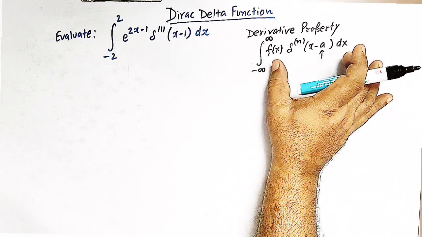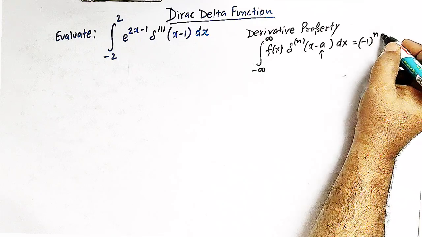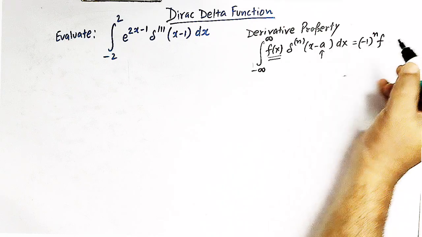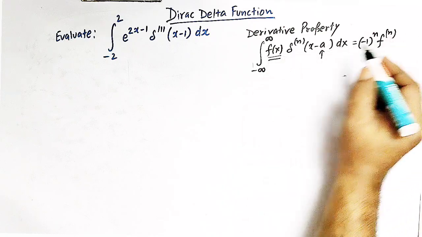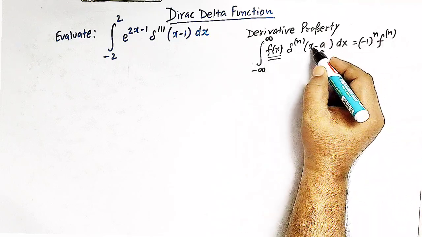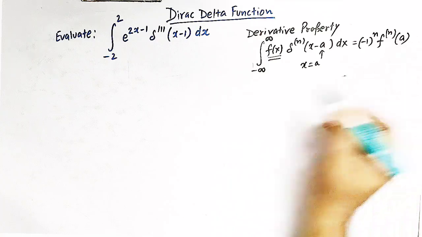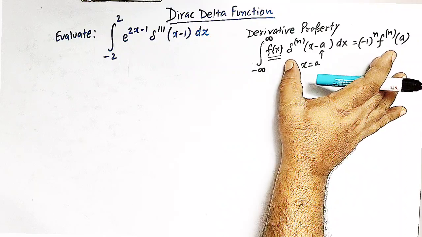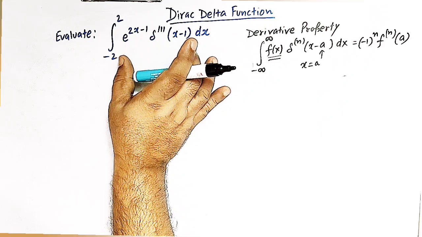So the value of this integral is given by minus 1 raised to n, and here we have the nth derivative of this function f of x. So we can write the nth derivative of f of x evaluated at this point, that is x is equal to a. So this is the derivative property of Dirac delta function, which is used to evaluate this integral.